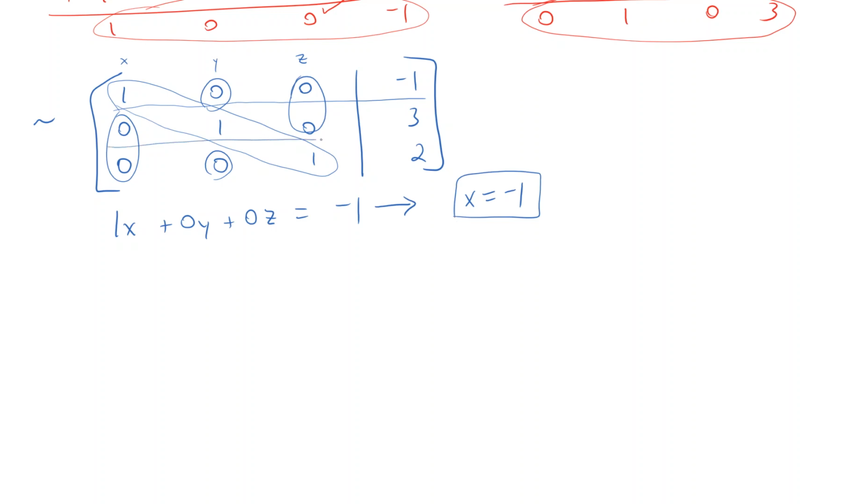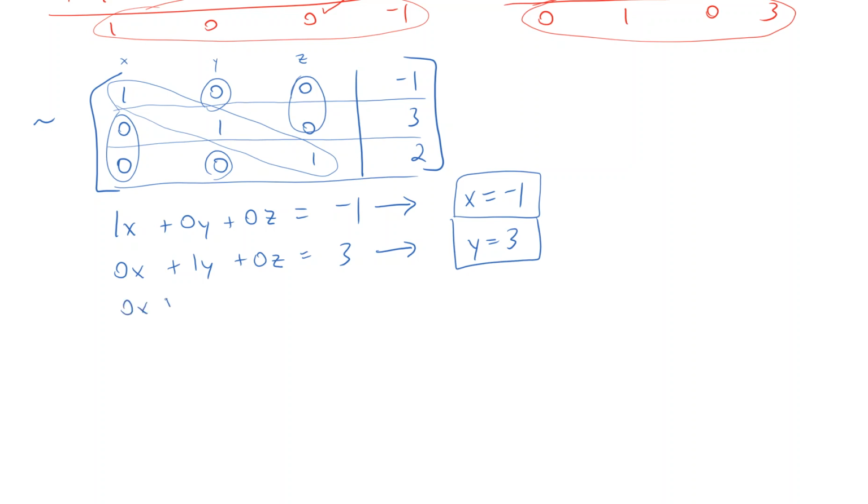Similarly, row 2 is 0x plus 1y plus 0z equals 3, which tells us, if you simplify, that y equals 3. And see, there's our y value. And the last row says 0x plus 0y plus 1z equals 2, which simplifies down to tell us that z equals 2.